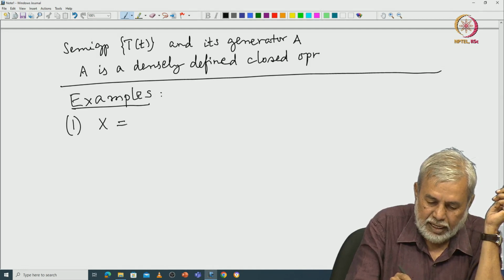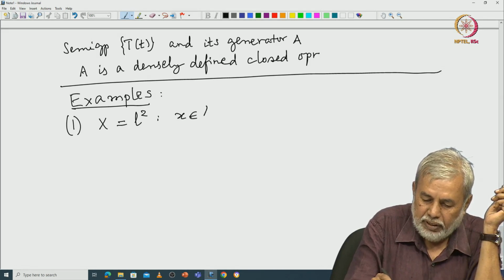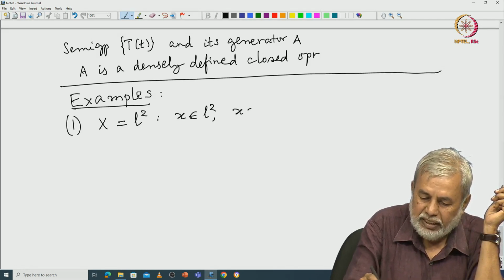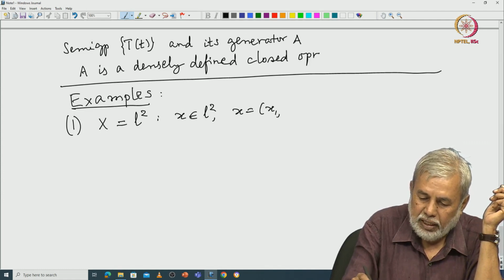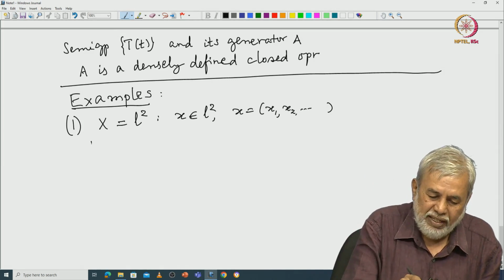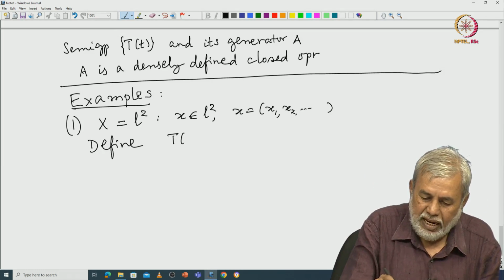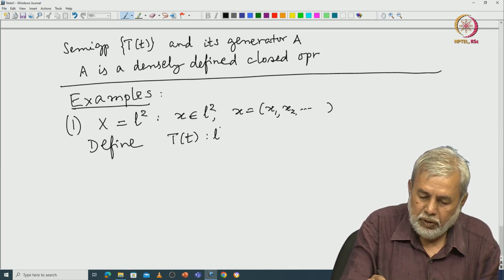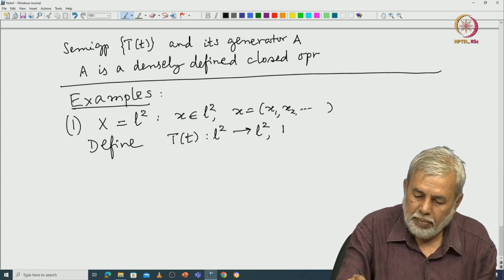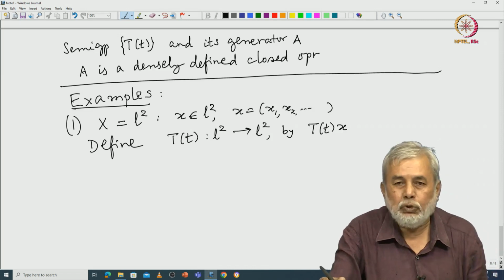is just little L2. Okay. So, x in L2, I denote it by a sequence x1, x2, etc. You can even take LP, so there is no problem. Okay. So, define T of t, this is from L2 to L2, by T of t x, again this is going to be a sequence.